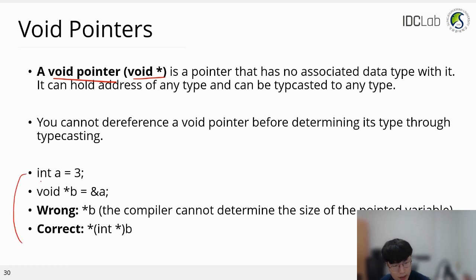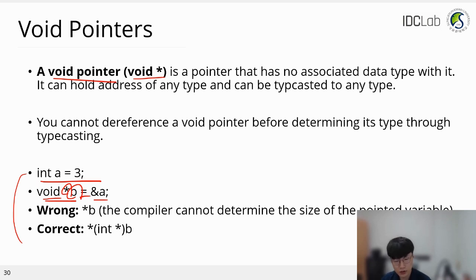So here's an example. Int A 3, assign 3, no problem. Void star B, so B is a pointer to a void type, assign reference A. So B is holding the memory address of A. There's no problem because regardless of type, the size of the pointer type is 8 byte.